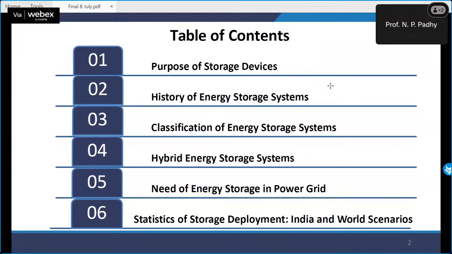Number one is the intermittency nature of different types of renewable energy sources. And number two, whenever a system faces insecure or unreliable energy supply, in that case we need storage devices.